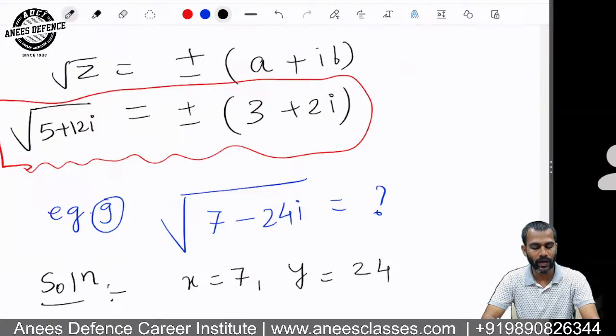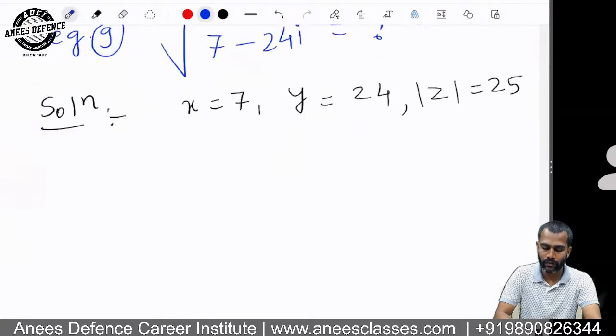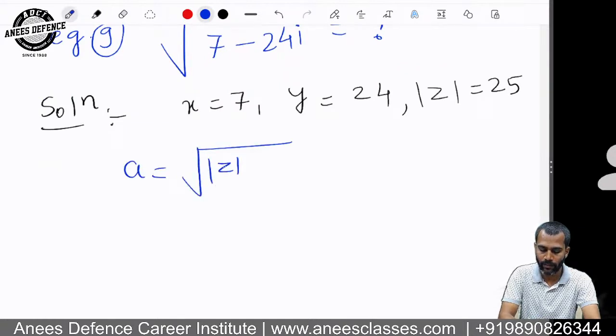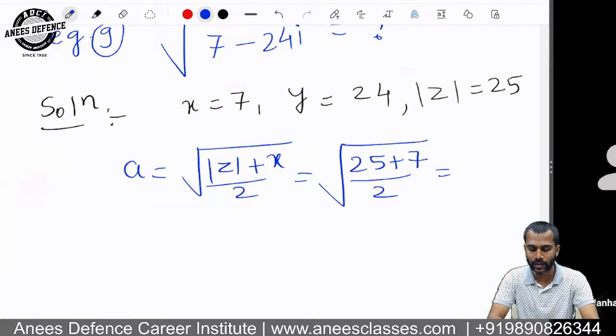So X is 7 and Y is 24, and modulus of Z is 25. What is the formula of A? Modulus of Z plus X by 2, which is 25 plus 7 by 2, that is 32 by 2, 16. Square root of 16 is 4.